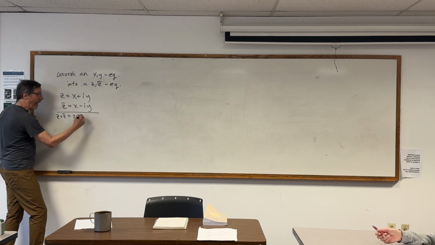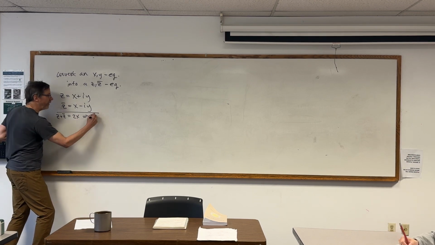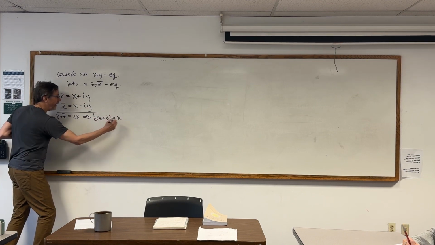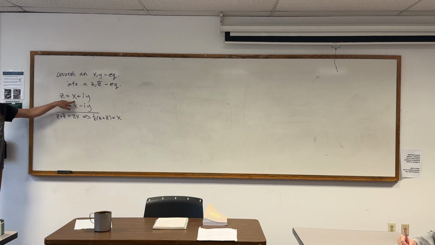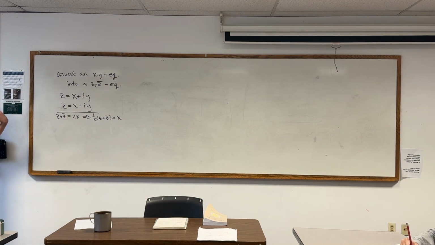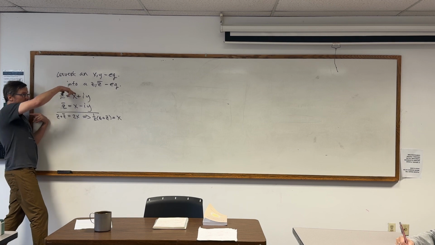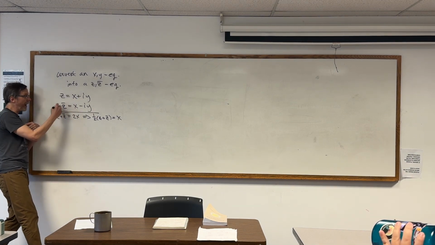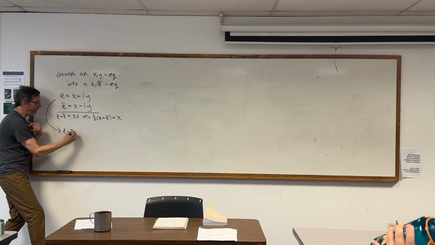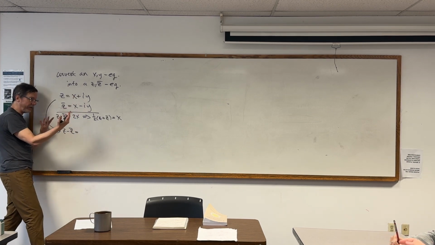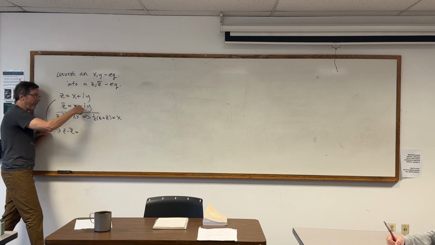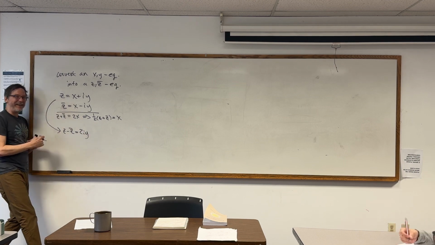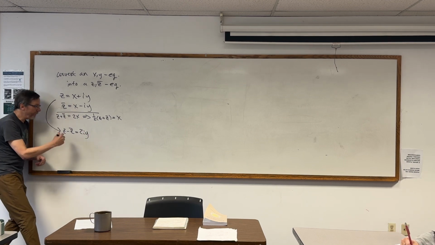And now I can solve for x by dividing by 2. So 1/2 (z plus z bar) is the substitution for x when I see an x. In a similar way, I can subtract these two equations and kill off the x's. So when I subtract them, I get z minus z bar equals x minus x, dead, iy minus minus iy is 2iy. Divide through by 2i.